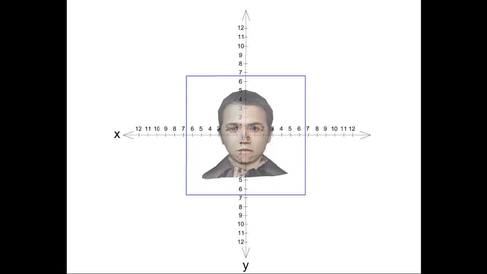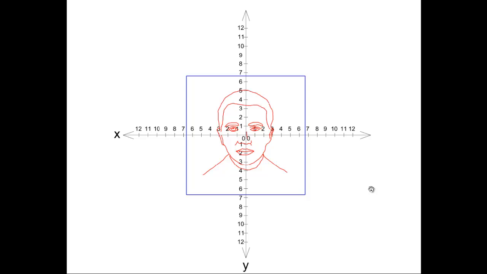If I were to trace lines around this object, each of these points of that line would fall on an XY coordinate. So if I've traced this face out in red with a pen, I've basically given it coordinates, and then I can delete the picture and I'm left with somewhat of an image.